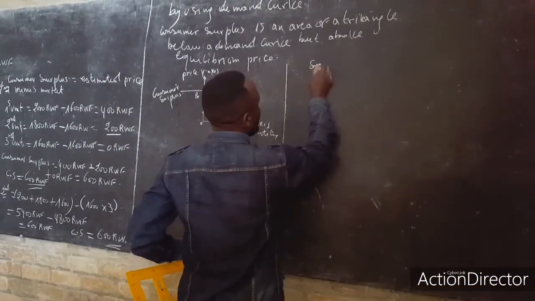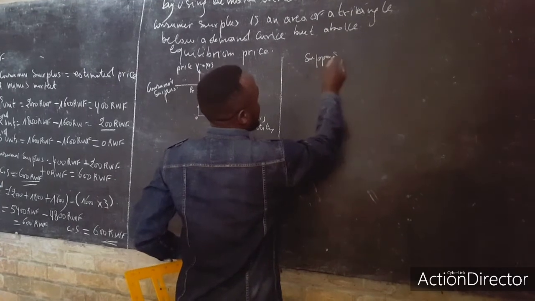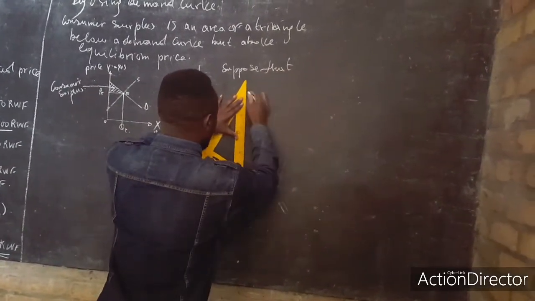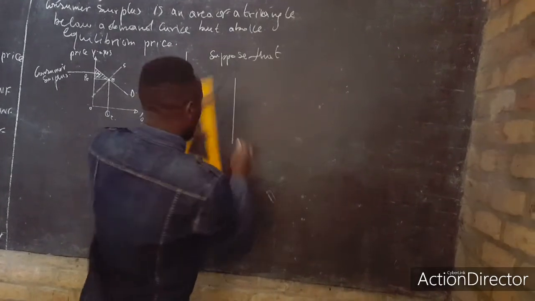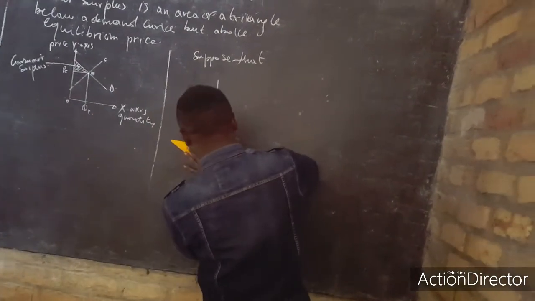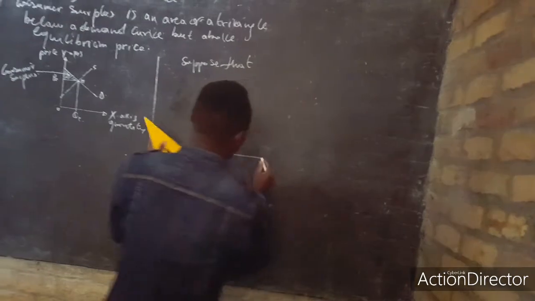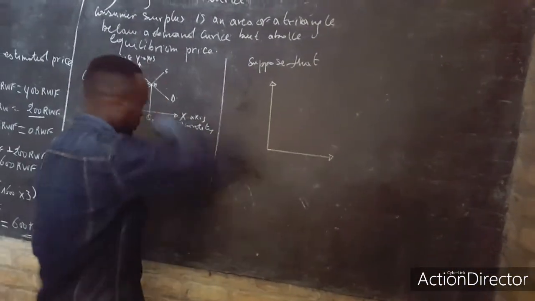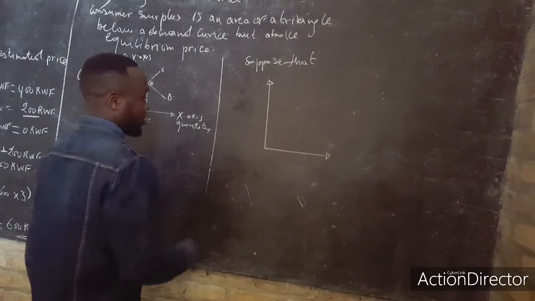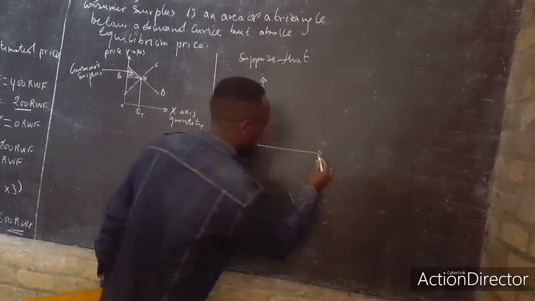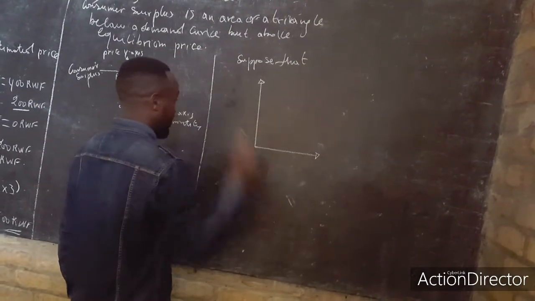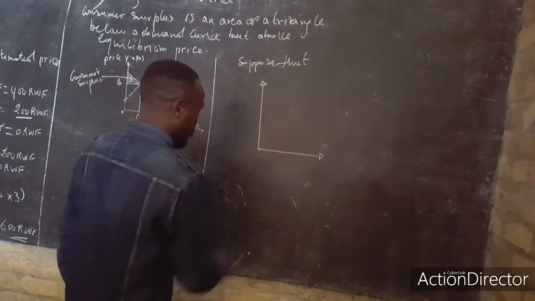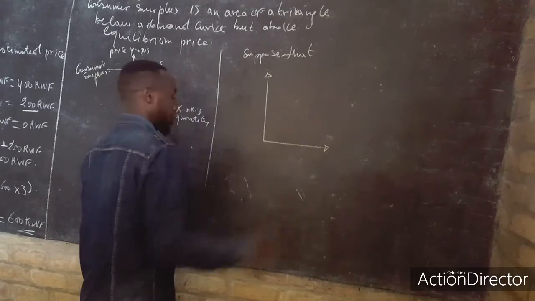By using examples. Suppose that the consumer estimates to pay 2,000 Rwandan francs by buying 20 kilograms of rice.